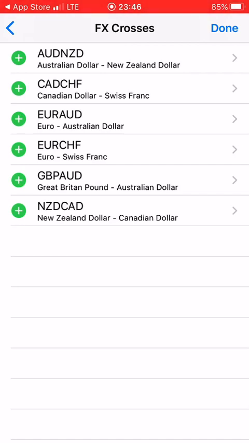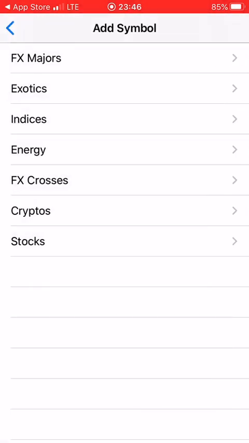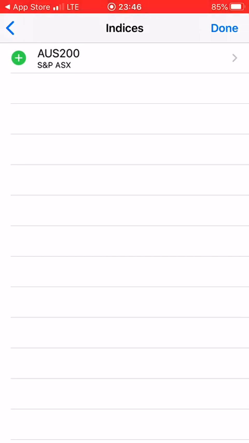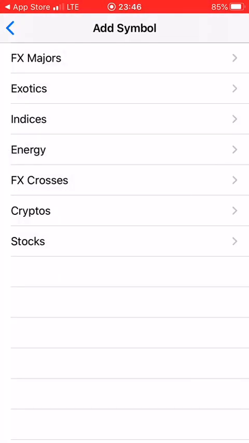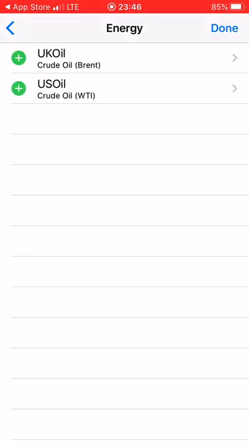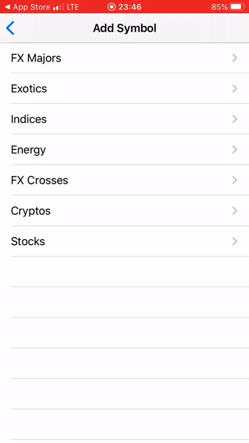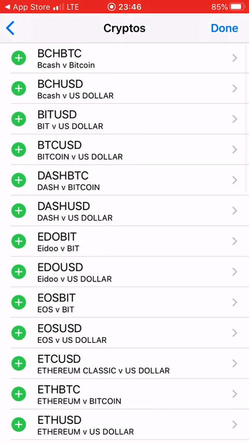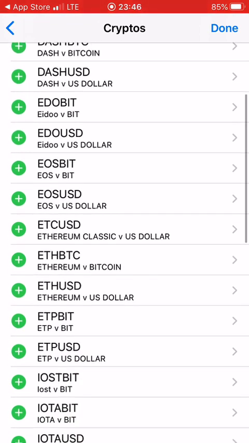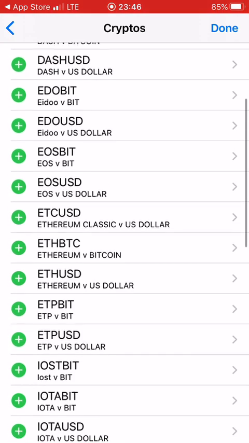So yeah, let's move along. Indices, I've got them all, but you got the Aussie 200 that I left out, and you got energy, you got UK oil, you got US oil you can trade. You got cryptos, you got Bitcoin Cash versus Bitcoin dollar, Bitcoin versus US dollar. You got Dash versus US dollar.